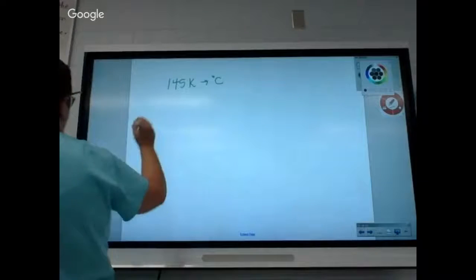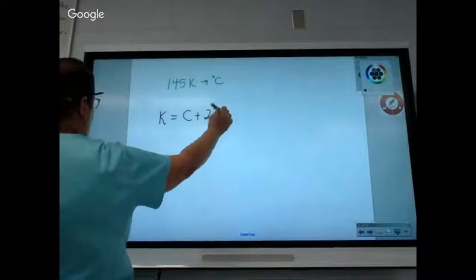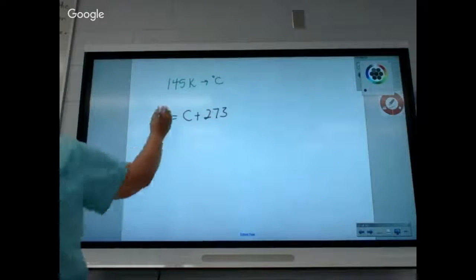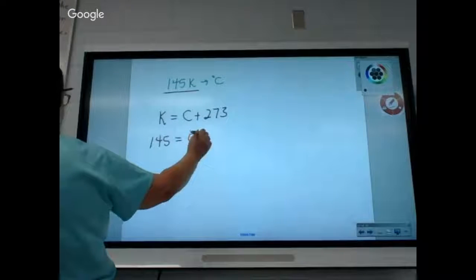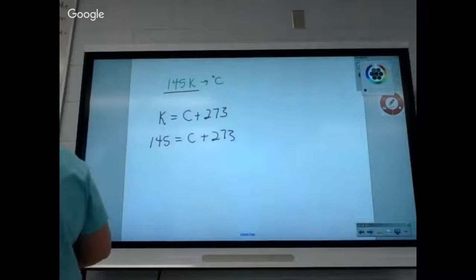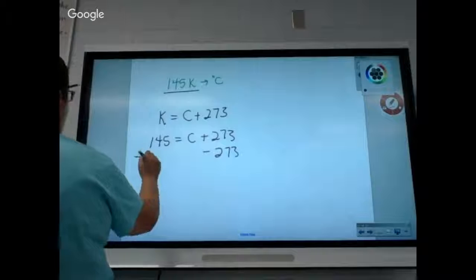K equals C plus 273. All right, where would I put the 145? At the K, because this says K on it, right? K equals C plus 273. All right, how would I solve for the C? Subtract 273. Everybody okay with that formula?